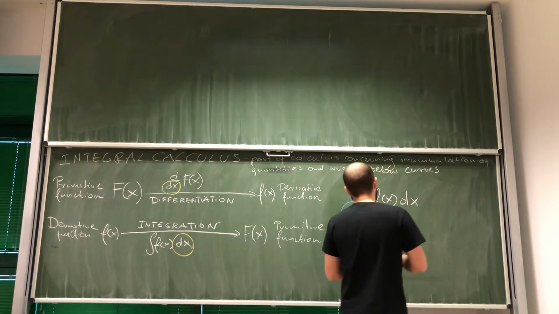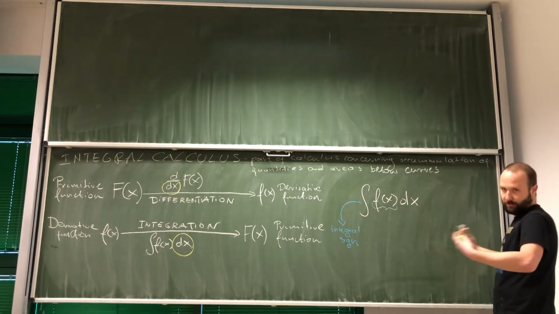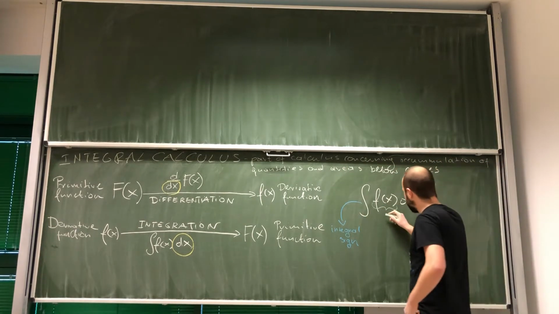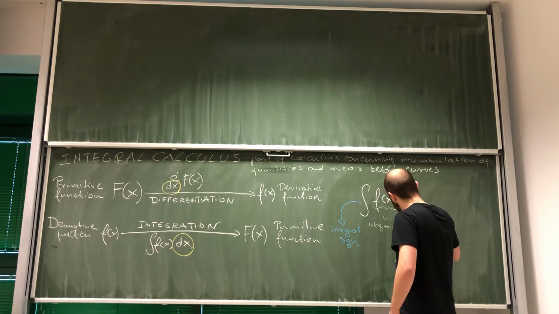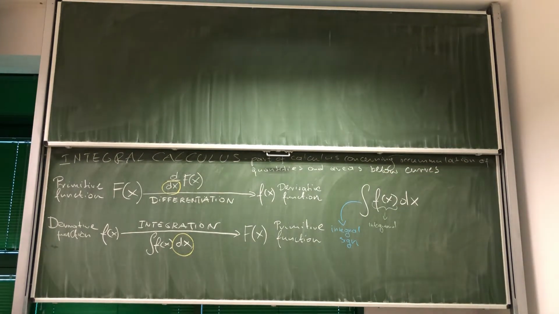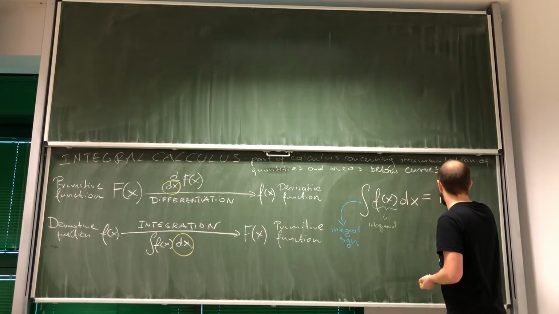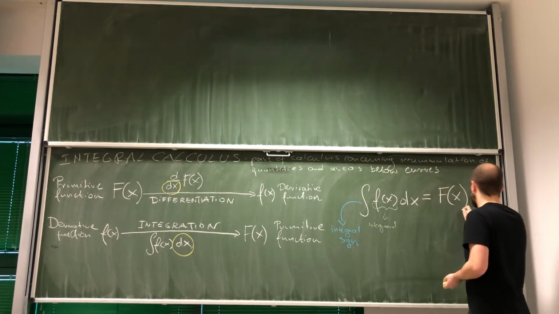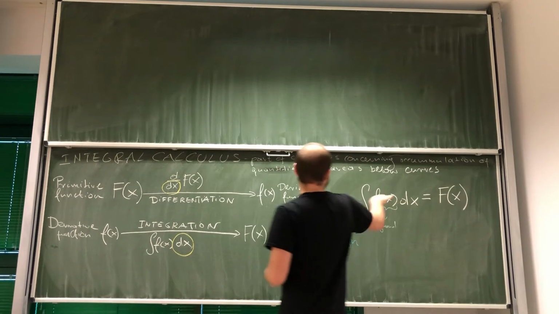This part, this function over here, so our derivative function, is called the integrand. And look, what we're going to obtain out of this is a function F of x.